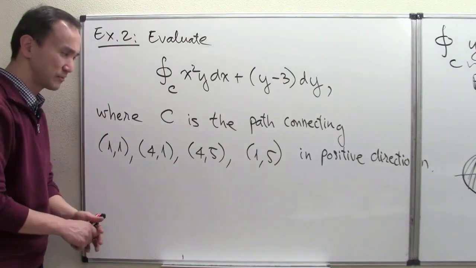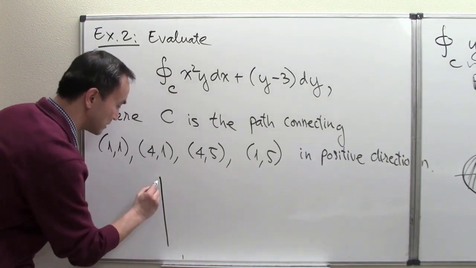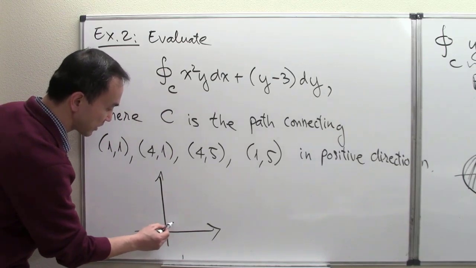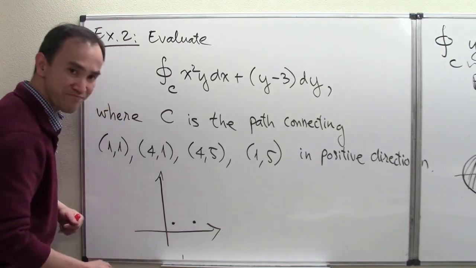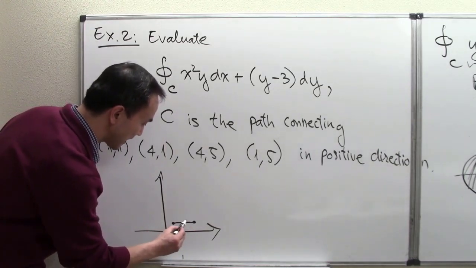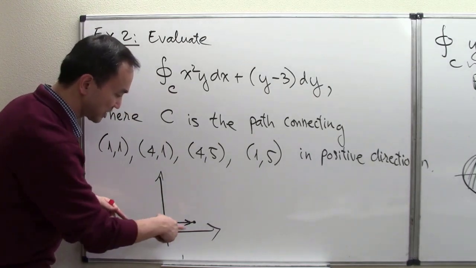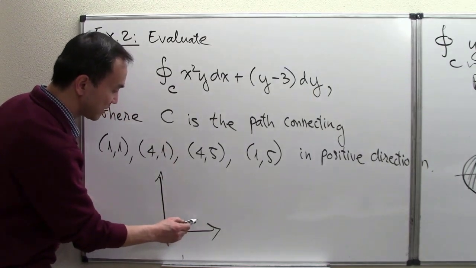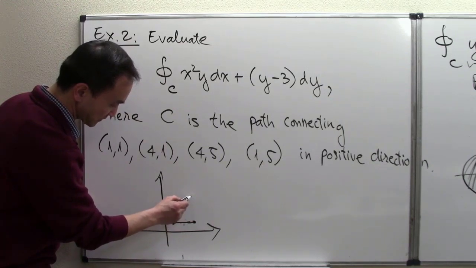So let's have a picture of those. I don't need any advanced computer software to get this. 1, 1 is about here, and then 4, 1 is about there. So we're connecting that in the positive direction. Maybe for now I'm a little too rushed about that, but let's not worry about the orientation yet. We start here and connect to 4, 1, and from 4, 1 we connect to 4, 5, which is up here.